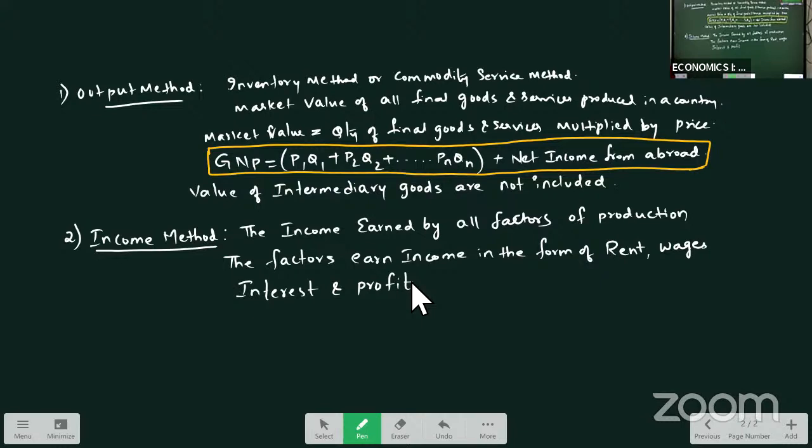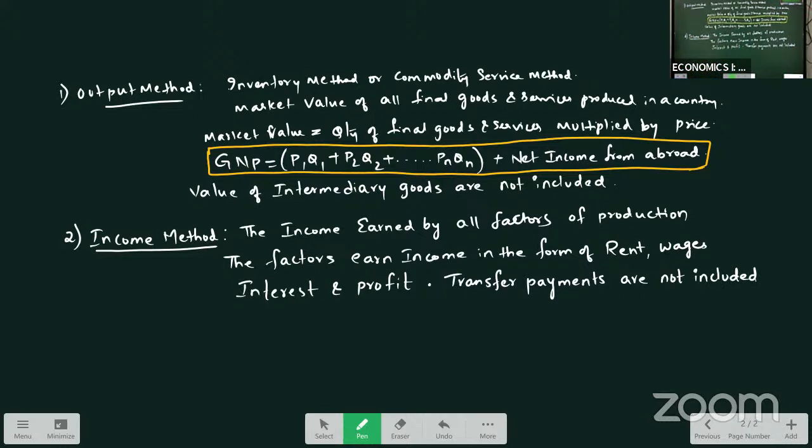So here we can say transfer payment income is not included. Transfer payments are not included when we calculate national income based on income method.